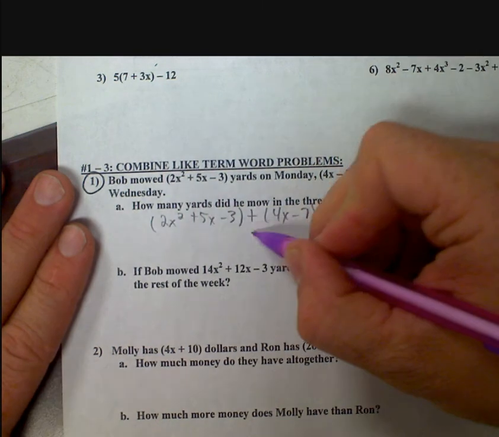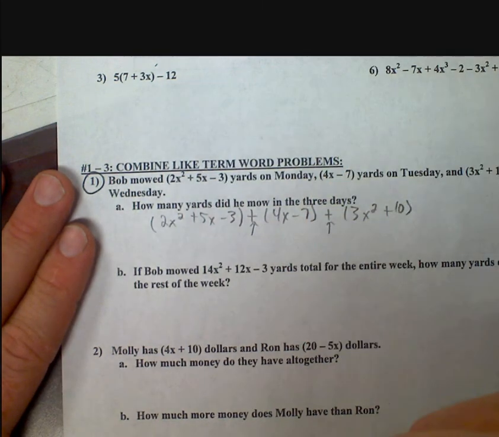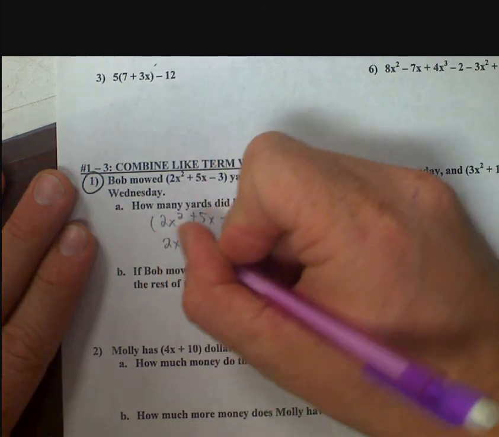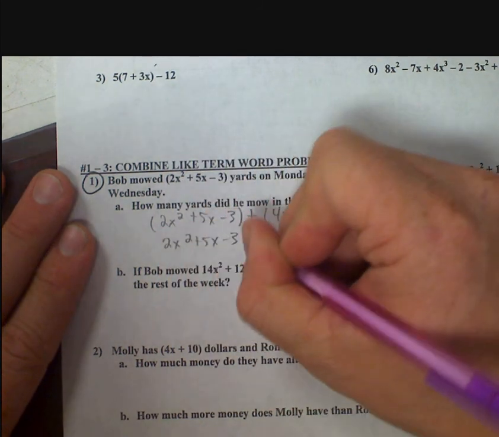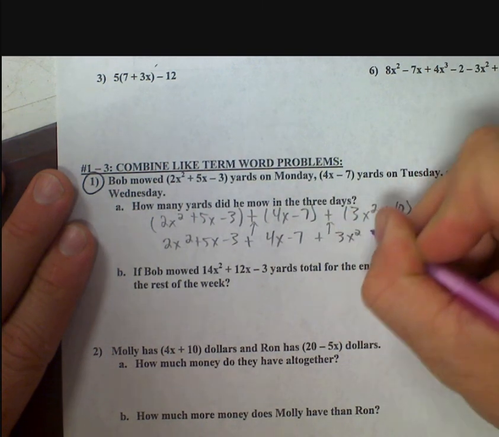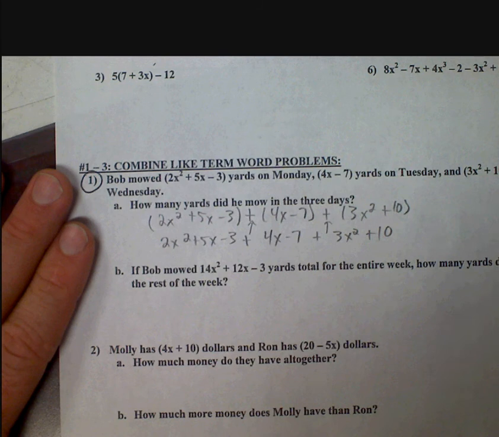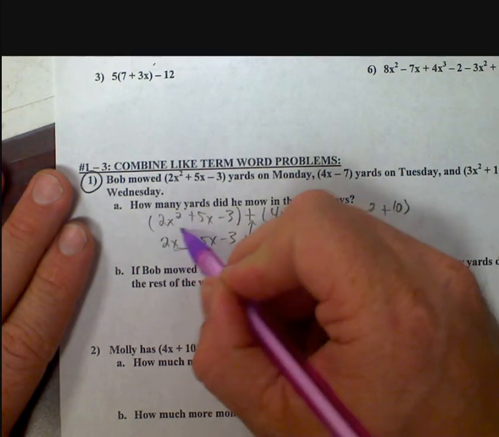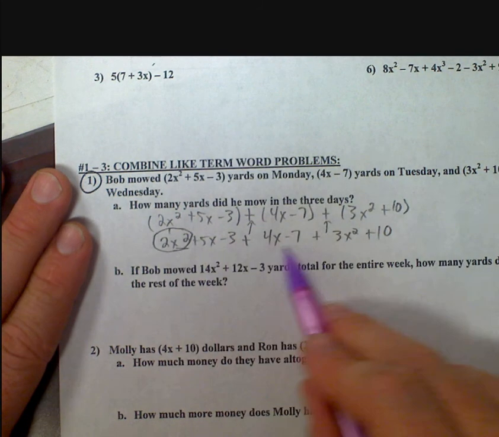Now, since this is a plus sign in the middle, I really don't need the parentheses. So this is the same thing, 2x squared plus 5x minus 3 plus 4x minus 7 plus 3x squared plus 10. I don't need the parentheses. Now I'm looking to see what I can combine. I have an x squared, so 2x squared, I'm looking for another x squared.